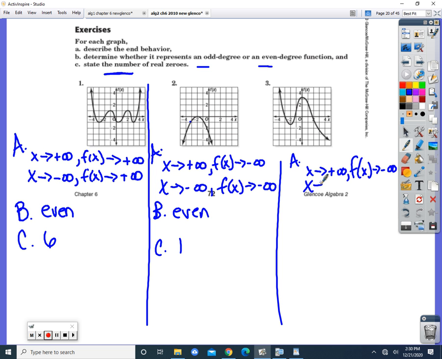And then as x approaches negative infinity, the function goes to positive infinity. See, it's going up. Now this one is our only odd function on this sheet. C part, how many times is it crossing? 1, 2, 3. All right.